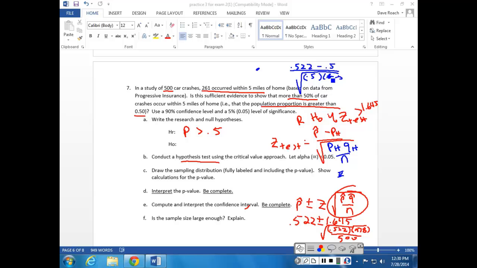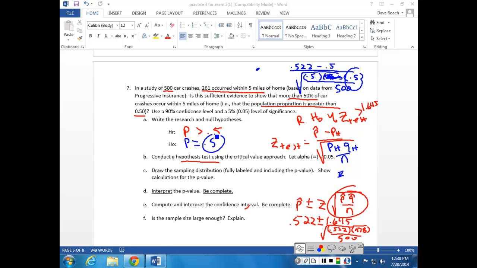Well, my marker's not working very well. That should be 0.5 times 0.5, divided by 500. So this 0.5 is the 0.5 from your hypothesis.